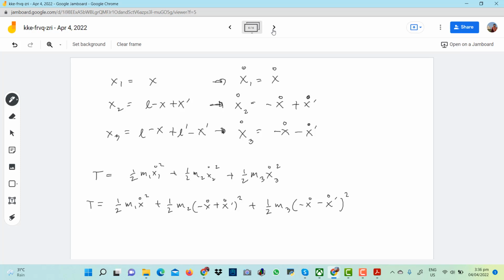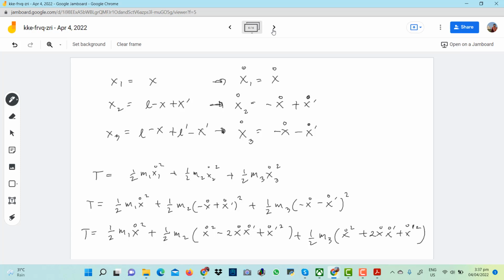So if I simplify this further, we have 1 half m1 x dot square plus 1 half m2 times x dot square minus 2 x dot x prime dot plus x prime dot square, plus 1 half m3 times x dot square plus 2 x dot x prime dot plus x prime dot square.